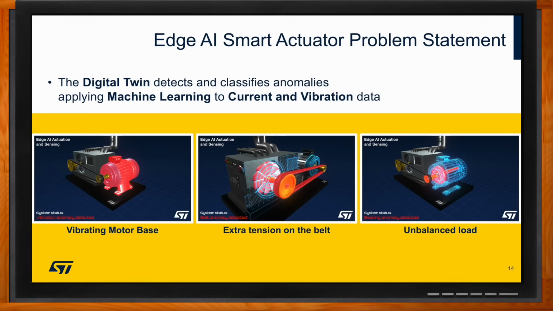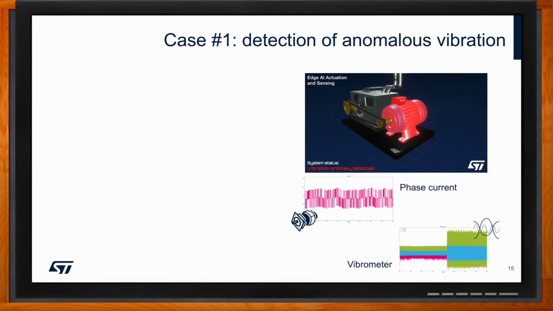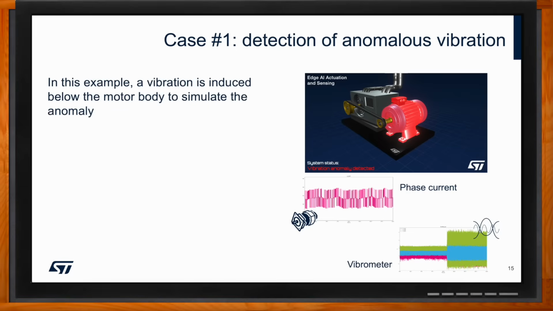Let's start from, for example, when there's an anomalous vibration imposed to the motor. Let's say that a vibration may be induced by some external factor, such as, for example, a nearby machine that is vibrating or some screw becomes loose and the motor starts having an erratic behavior with strange vibrations.